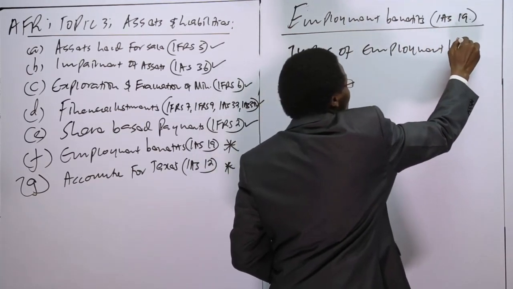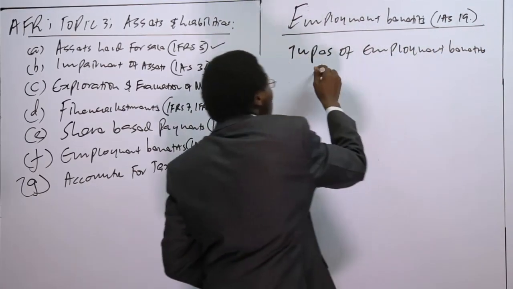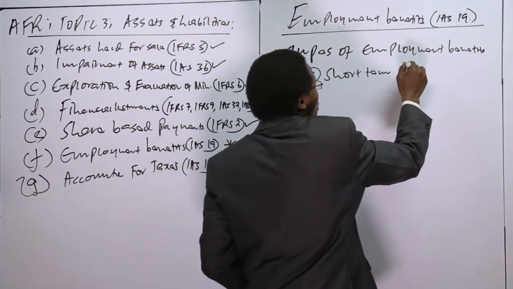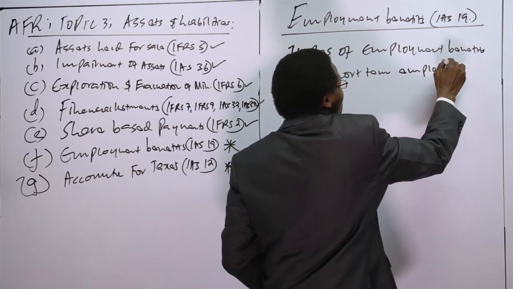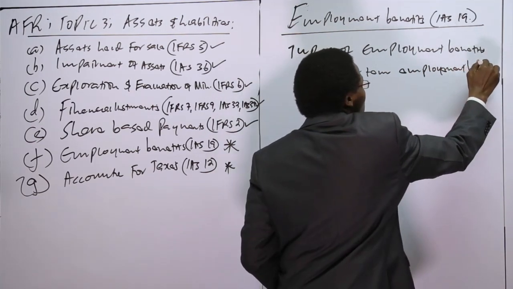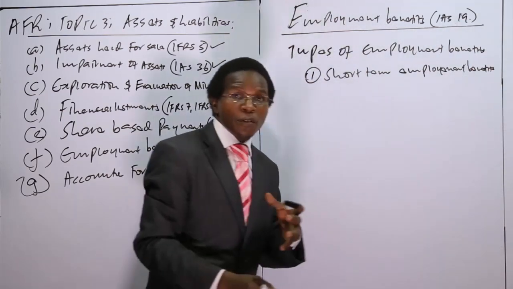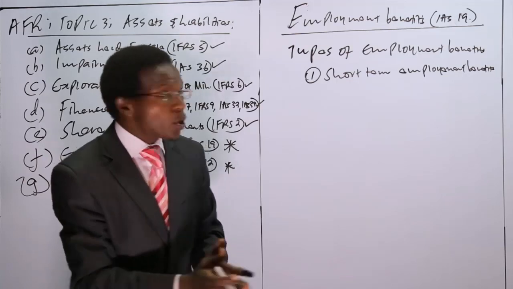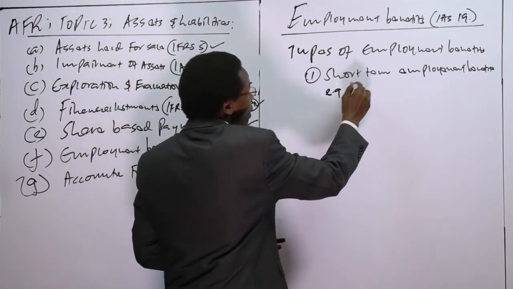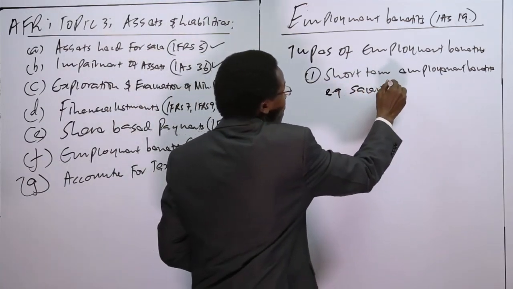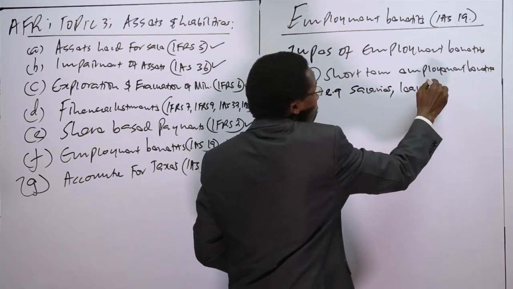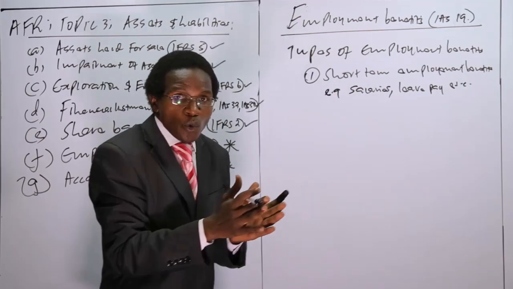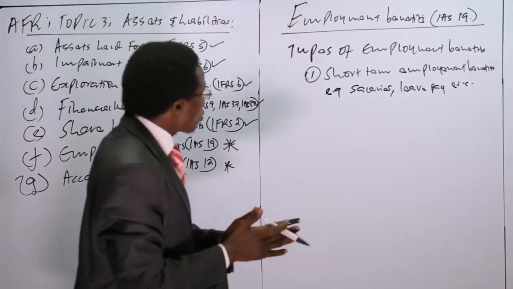In short-term employment benefits, these are those benefits that will fall due within 12 months, e.g., salaries and wages, leave pay, and what have you, those that will fall due within the 12 months.